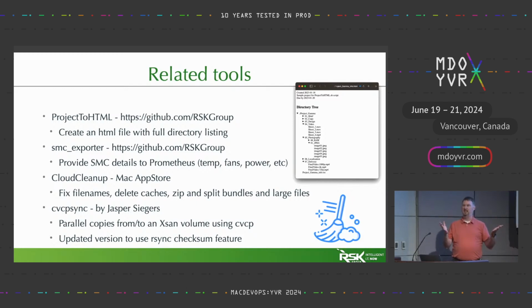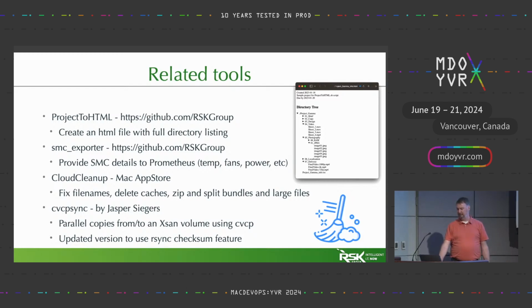Then you run 10 of them at a time, even faster, and then it runs rsync afterwards. It uses rsync to get the list of files, and then also runs rsync afterwards to make sure that permissions and all that stuff get copied over properly. We do have an updated version to use rsync 3 and some of the checksum features it has. So that's been great.